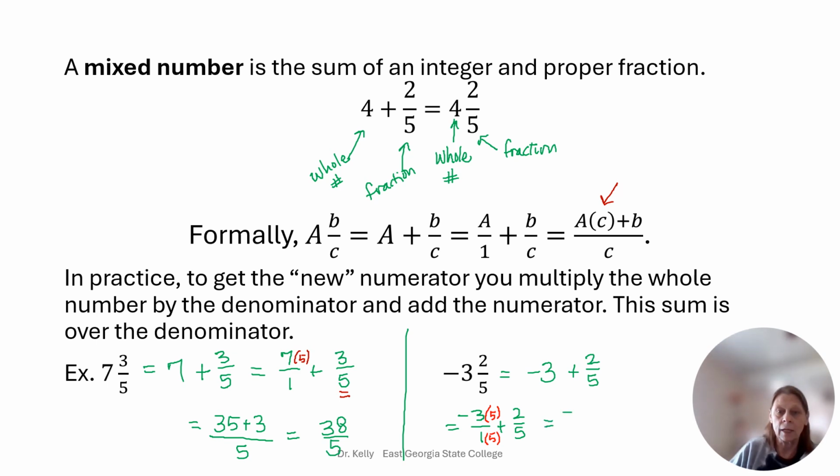That leaves us with -15 plus 2, all over 5, which is -13 over 5. Okay, so we've converted from a mixed number to an improper fraction.